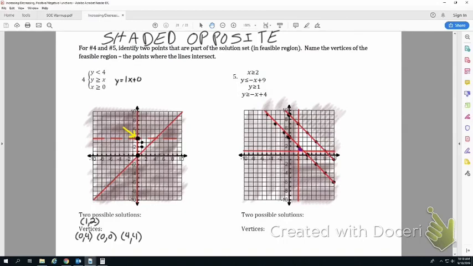So I can go through there. Any point in here could be a solution. So let's do 3, 5, and let's do 6, 2. Both of those could be considered a solution.